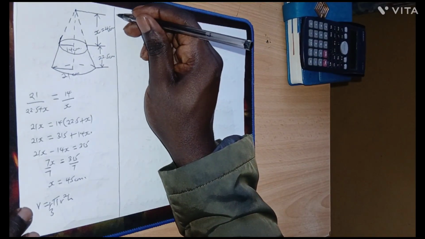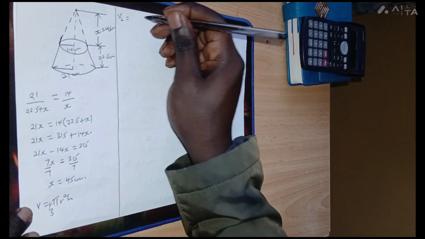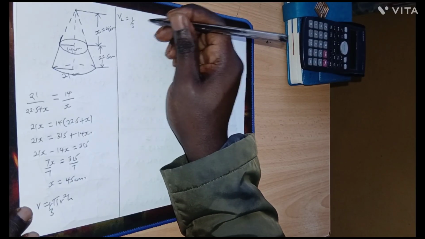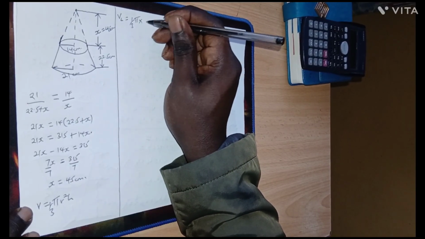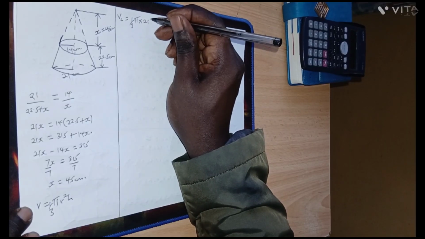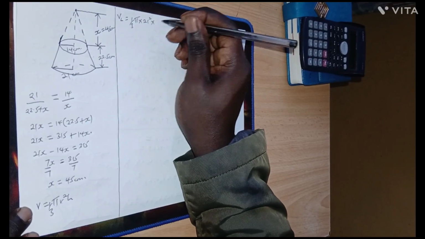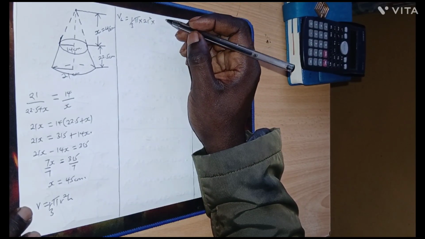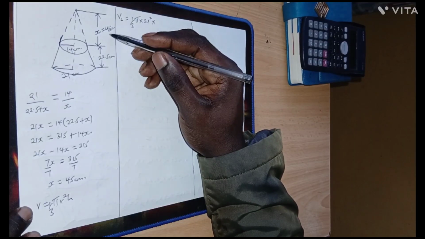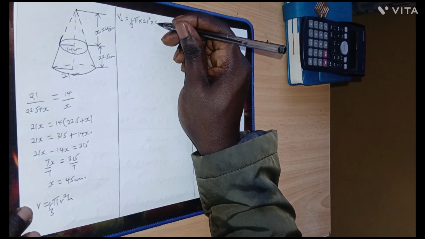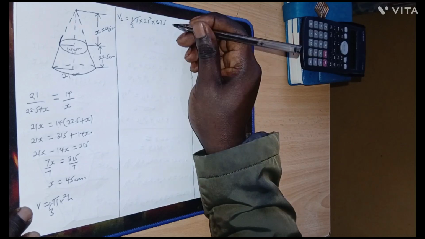So we start off with the volume of the large cone, which is a third pi multiplied by r, which is 21 squared, multiplied by the height, which we have determined to be 22.5 plus 45. That's going to be 67.5, right?